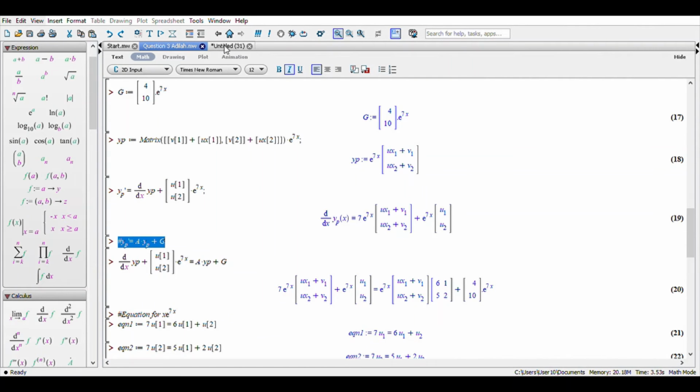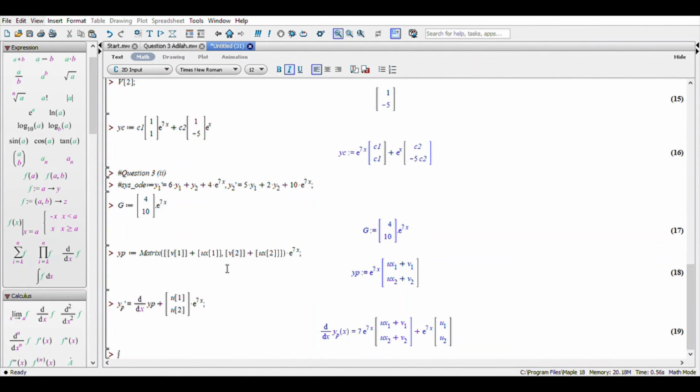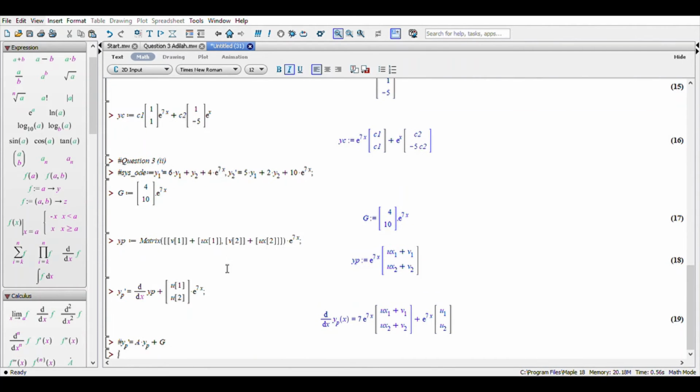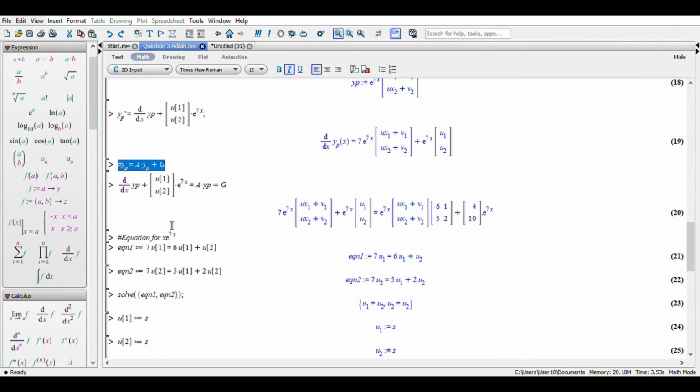In order to search for the YP prime value, we have to calculate A multiplied with YP plus G in matrix form.